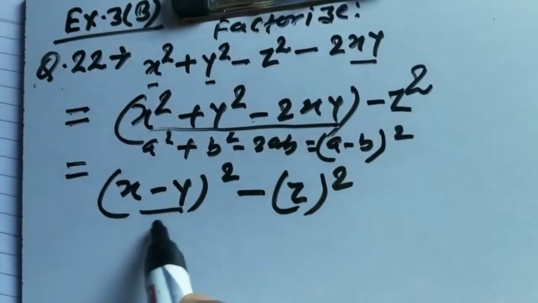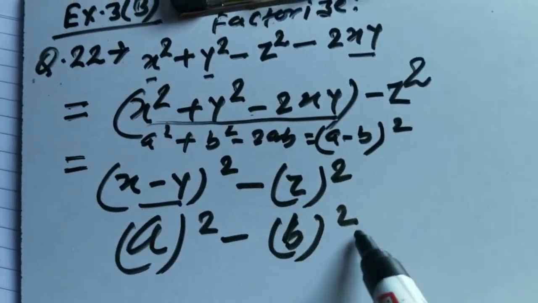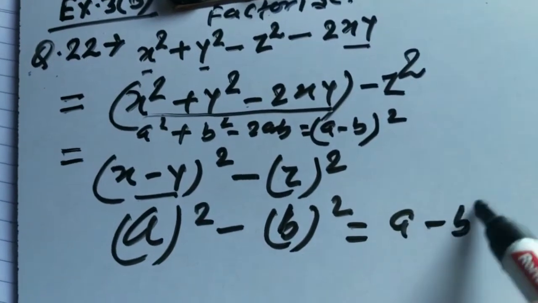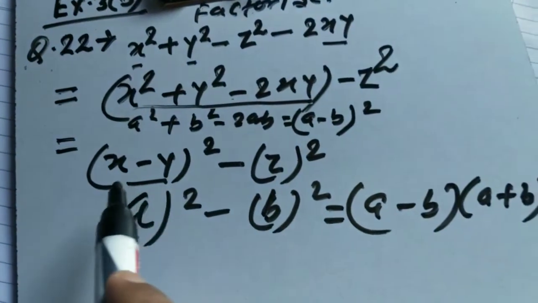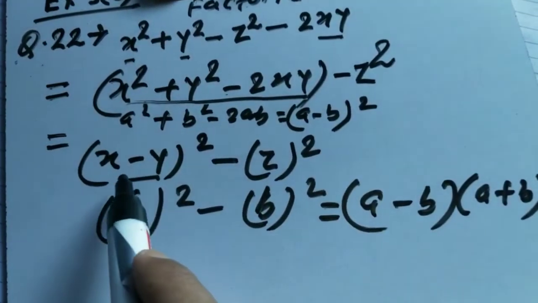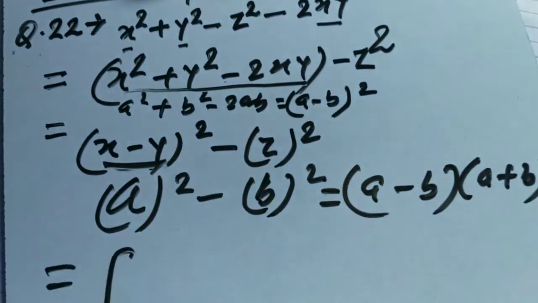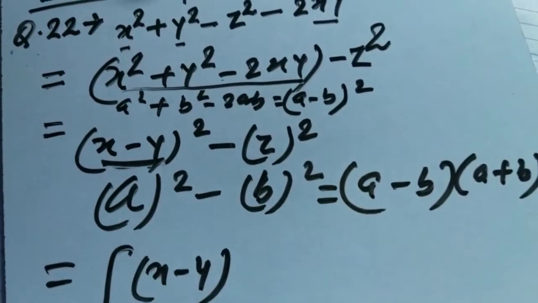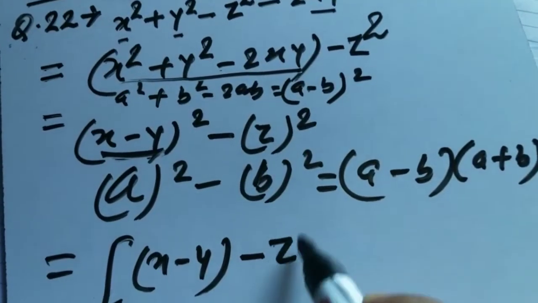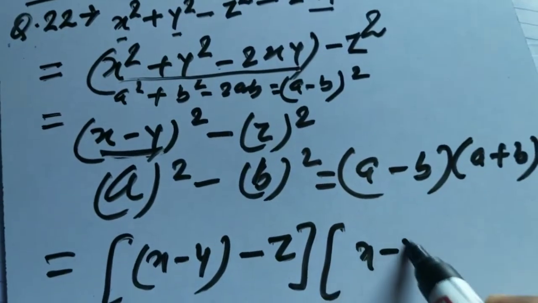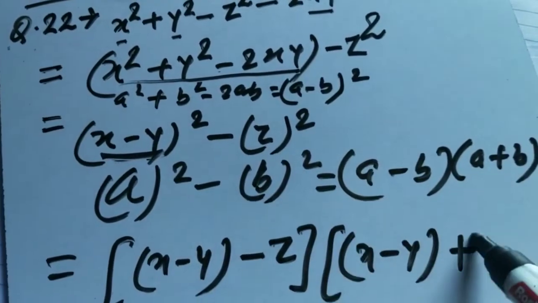Now it is the identity a whole square minus b the whole square, so it will become a minus b and a plus b. So at the place of a there is x minus y, so write here x minus y and minus b, that is, at the place of b there is z, and x minus y a plus b, at the place of b there is z.